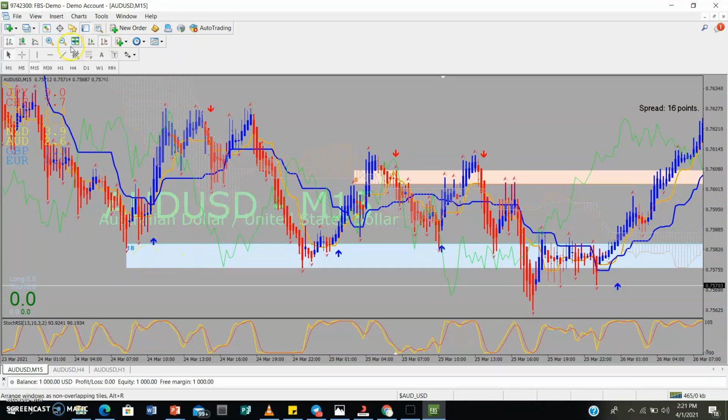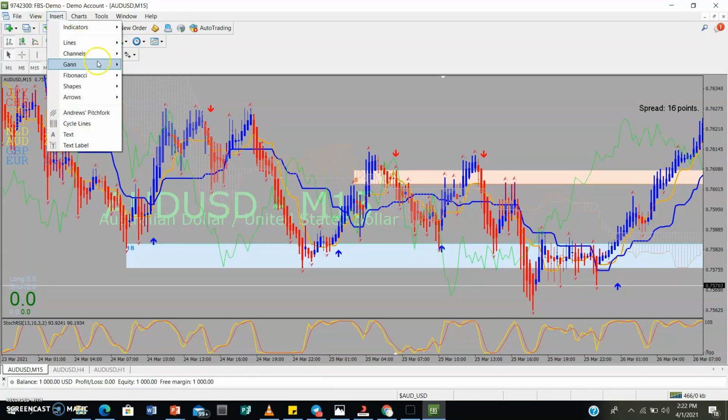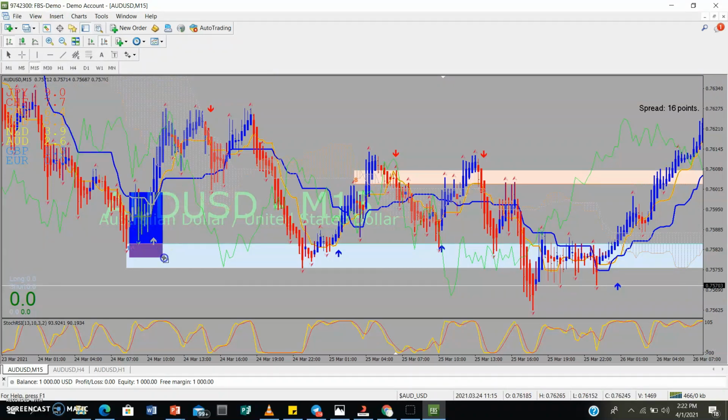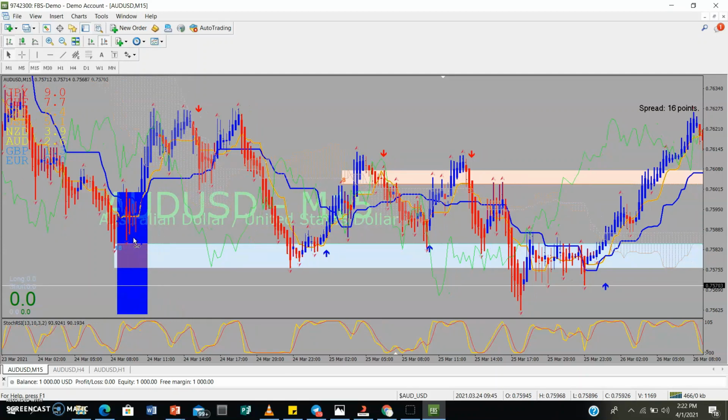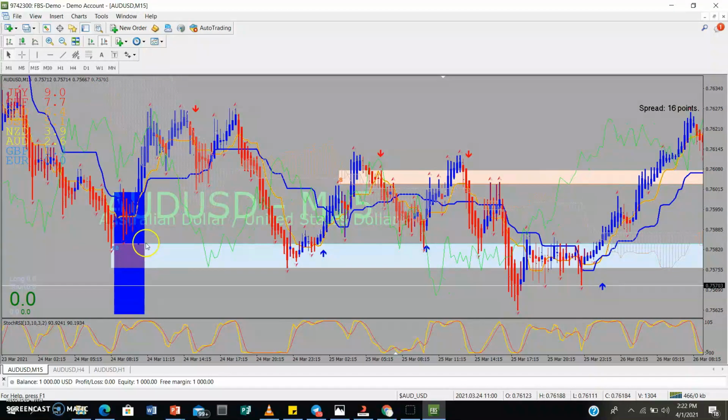For example, at this point, we received a blue arrow pointing up.